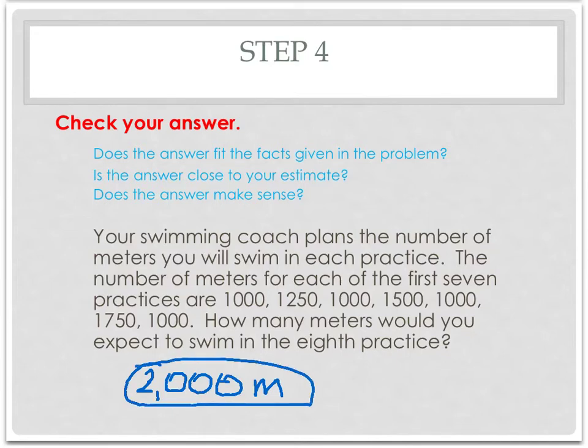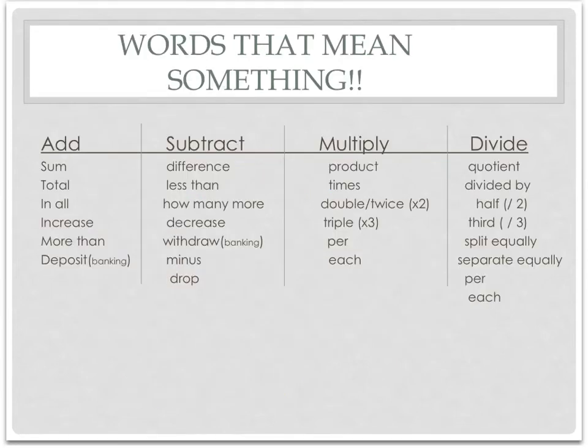This next slide, I have many different words that are keywords that would help you know what operation to use when solving a problem. So I would press pause and write this table in your notes, and this would be a table you could use all year long.